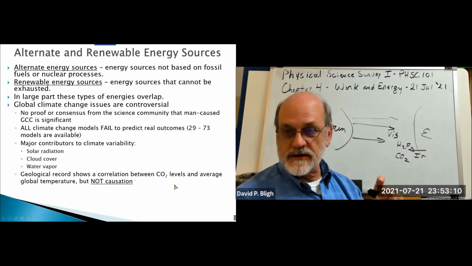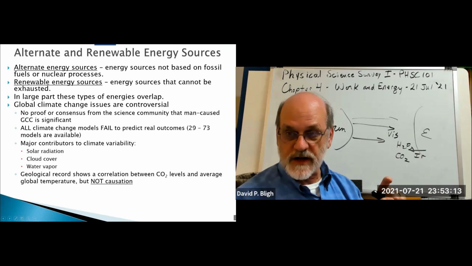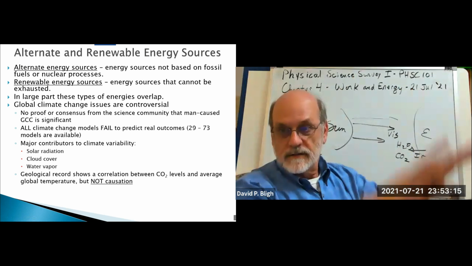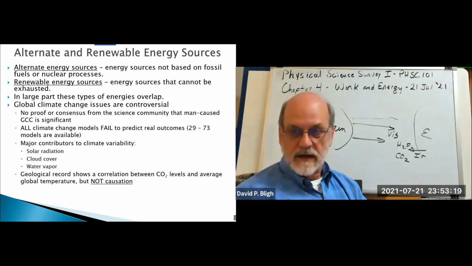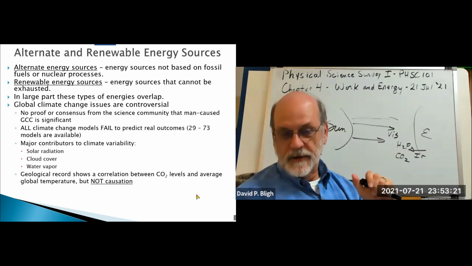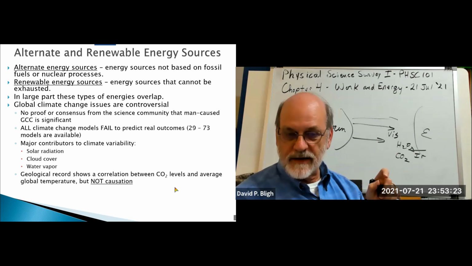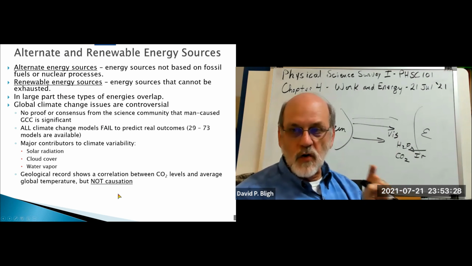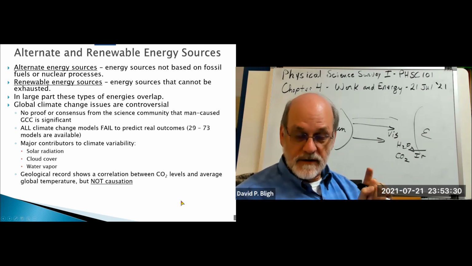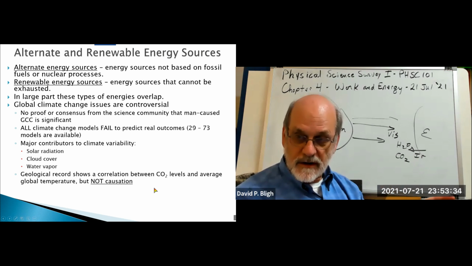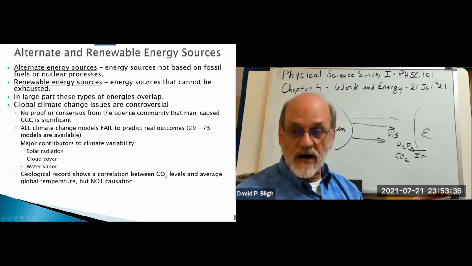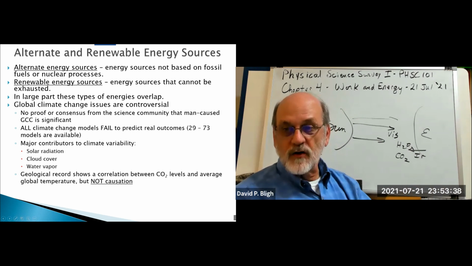Now, if anybody in here has had statistics, you know that correlation just says that things happen together. It doesn't say one causes the other. There's a correlation between carbon dioxide levels and average global temperatures. But there's no causation. In fact, there's evidence that the global warming happens first in geological time, followed by an increase in carbon dioxide.